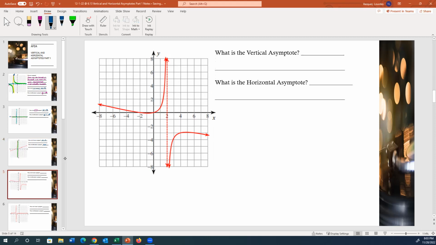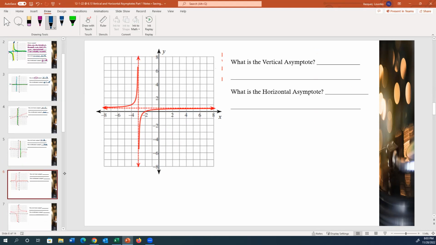Next one. This one too is very similar. It doesn't have a horizontal asymptote. It only has the vertical one. So we're going to put none over here. This one's going to be x equals 2, where it crosses x.